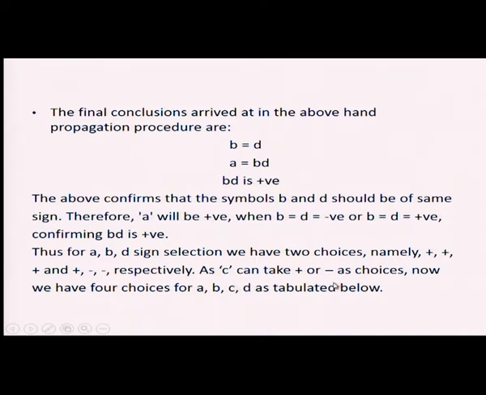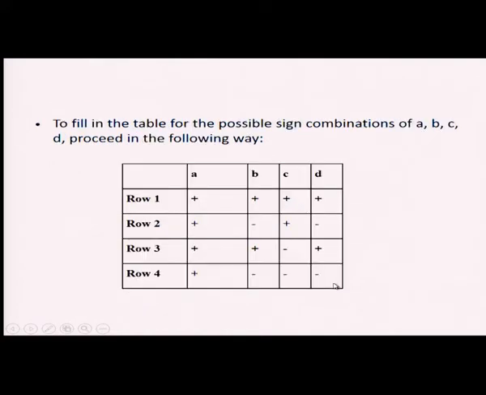So, let us see what will happen in the table when you fill it. Now we have B equals D. So, now two choices: B is plus, D becomes plus; B is minus, D becomes minus, because B equals D. Since A equals BD, with B plus and D plus, A has to be plus; with B minus and D minus, this also has to be plus.